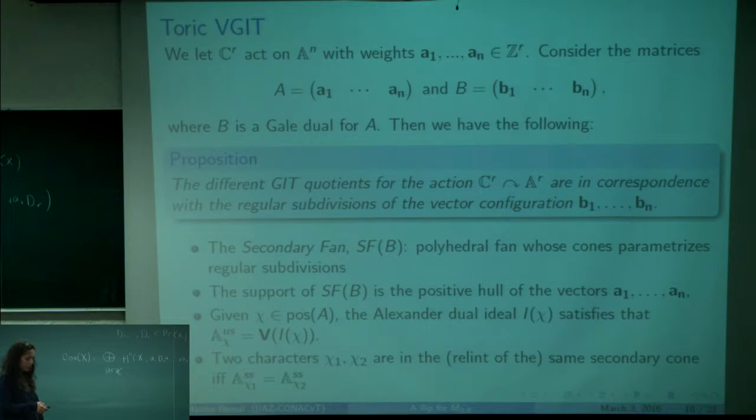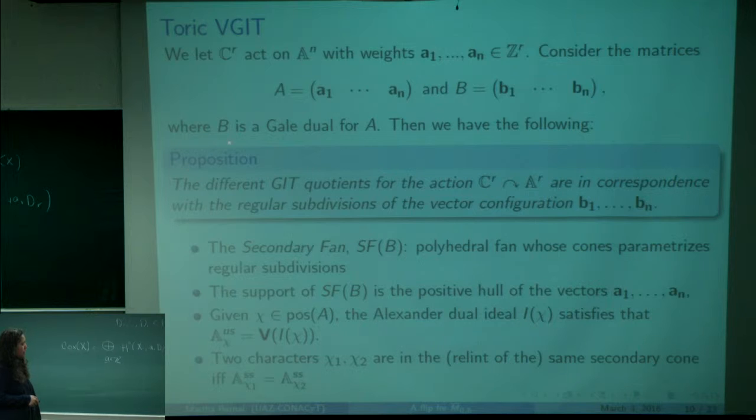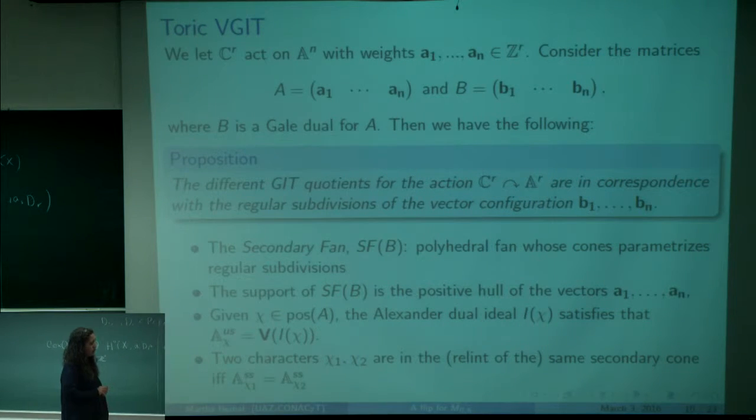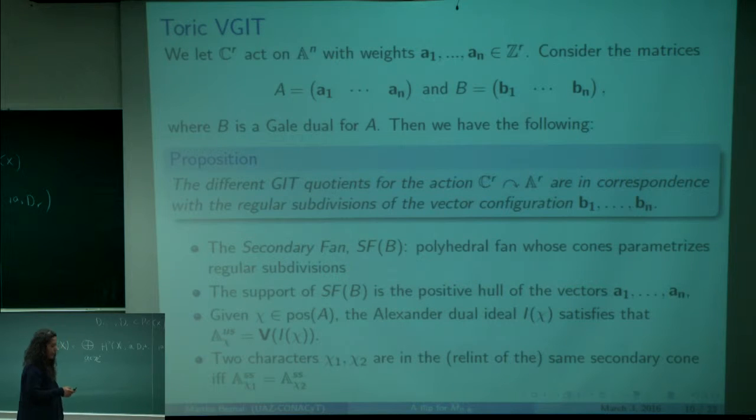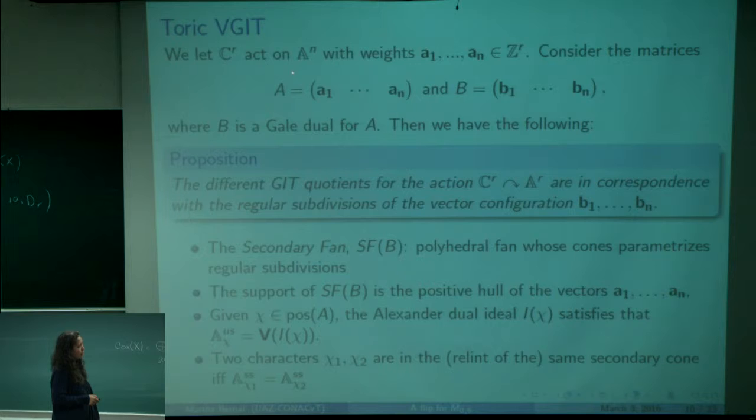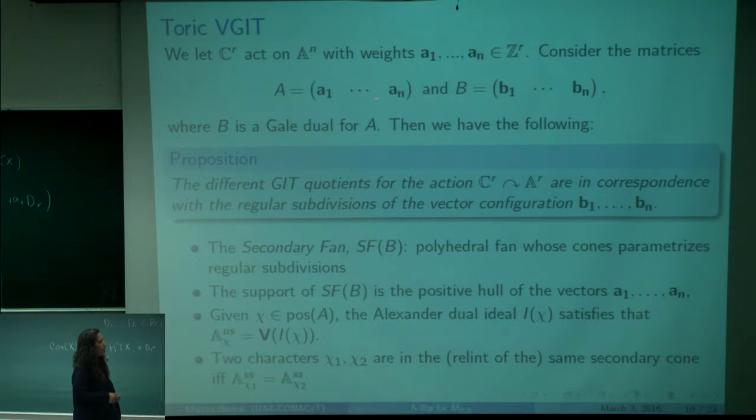Okay, so how does it look, VGIT for a torus action? I said to you this is a purely combinatorial game. And what happens here is that if you have C star acting on an affine space with these weights, you can write the weights in a matrix A, and you can compute the Gale dual B for A. And what's this?